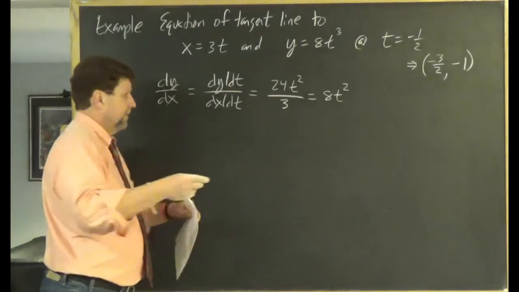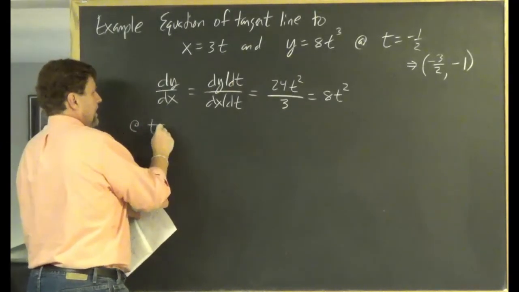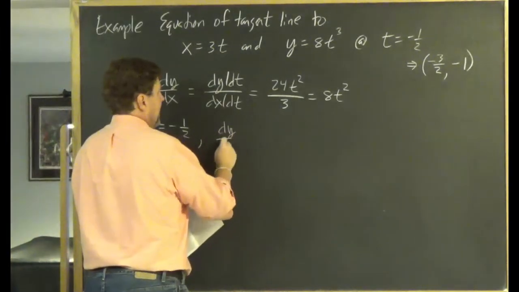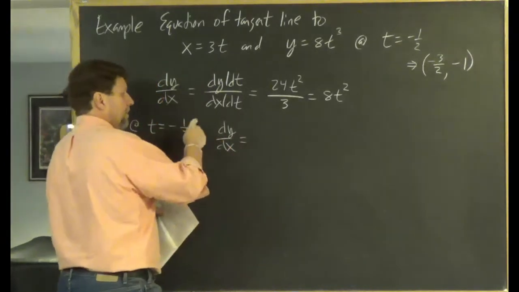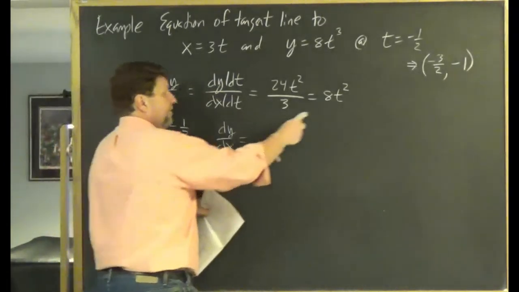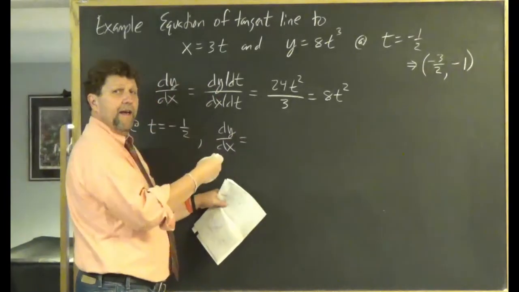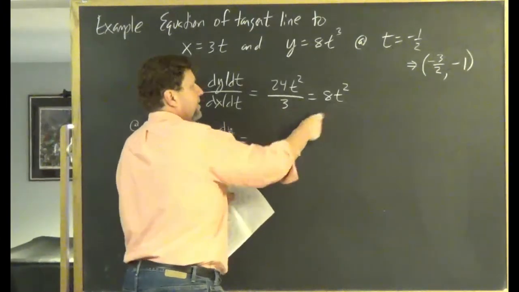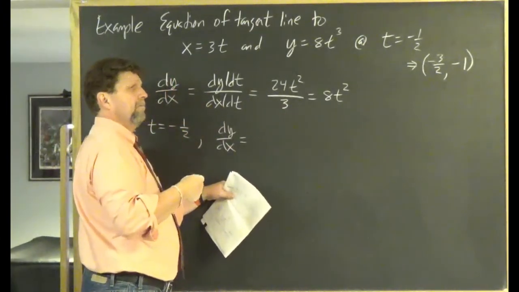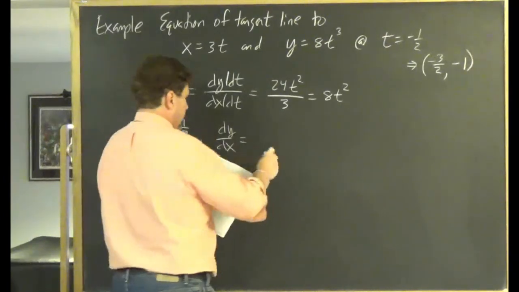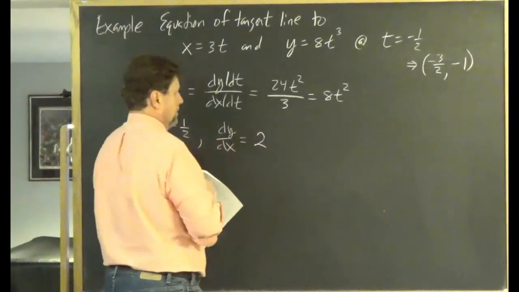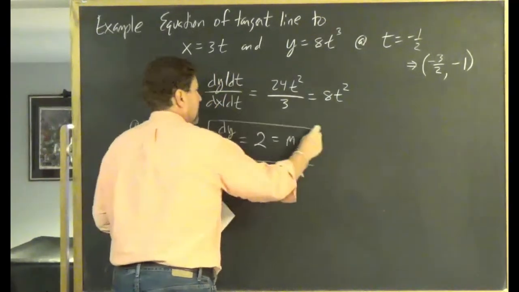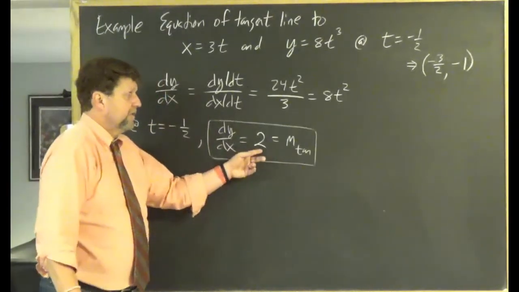So at t equals -1/2, dy/dx has the value of putting -1/2 in there for t. That tells you the value of dy/dx at t equals -1/2. So -1/2 squared is 1/4. 8 times 1/4 is 2. That is the slope of the tangent line at that point.